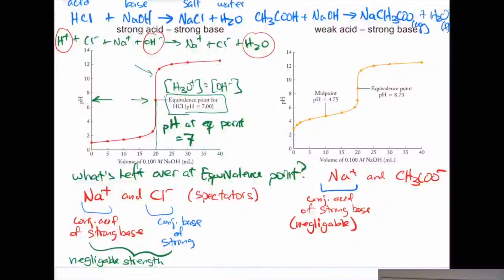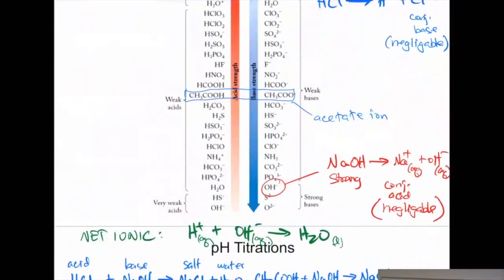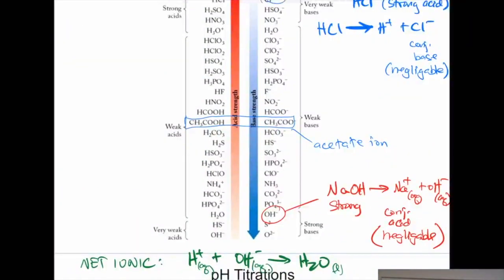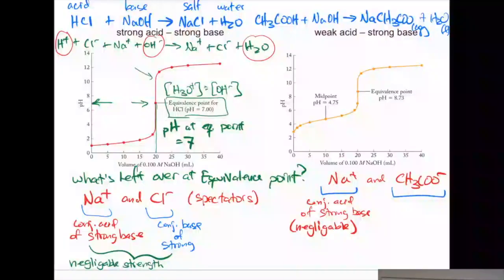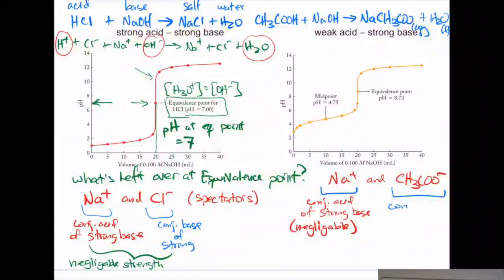What is it? It's the conjugate base of a weak acid. Here it is. Acetate ion is the conjugate base of a weak acid. Meaning, is it a strong base then? Is it a weak base, or is it a base of negligible strength?